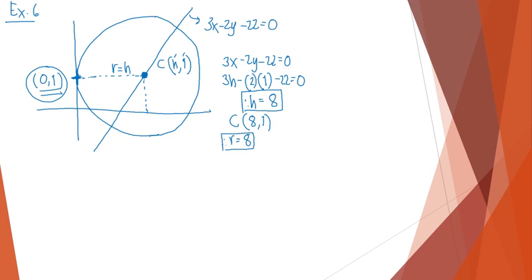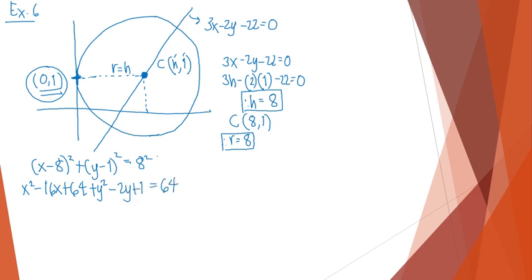From the standard equation of the circle, we have (x minus 8) squared plus (y minus 1) squared equal to the radius, 8 squared. If we expand this, we have x squared minus 16x plus 64, plus y squared minus 2y plus 1 is equal to 64.